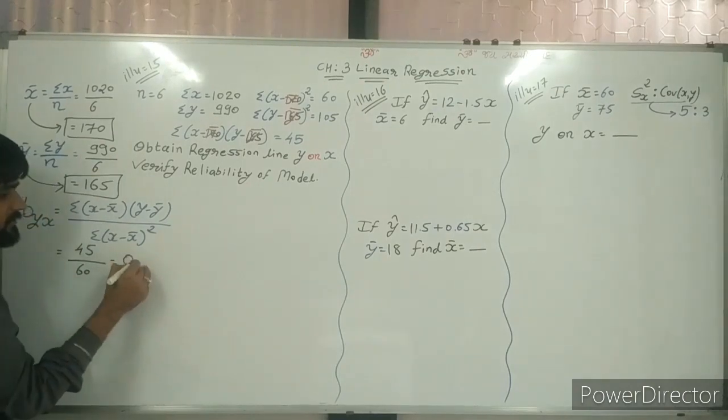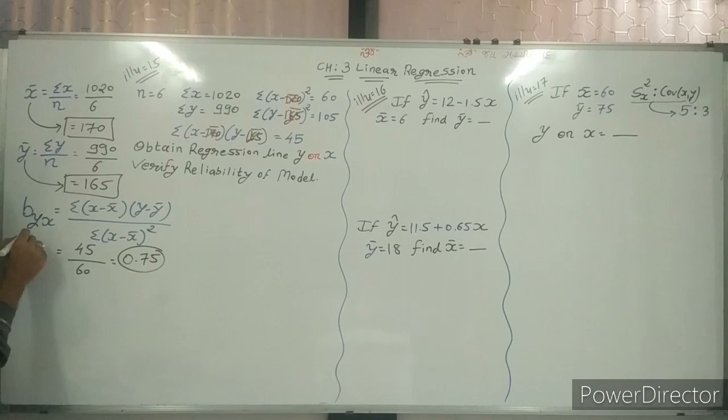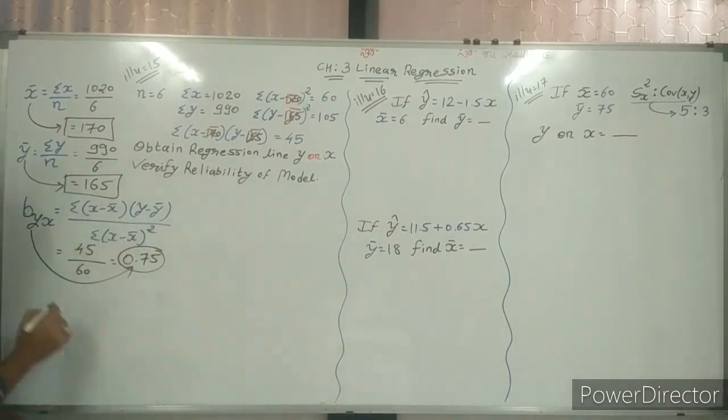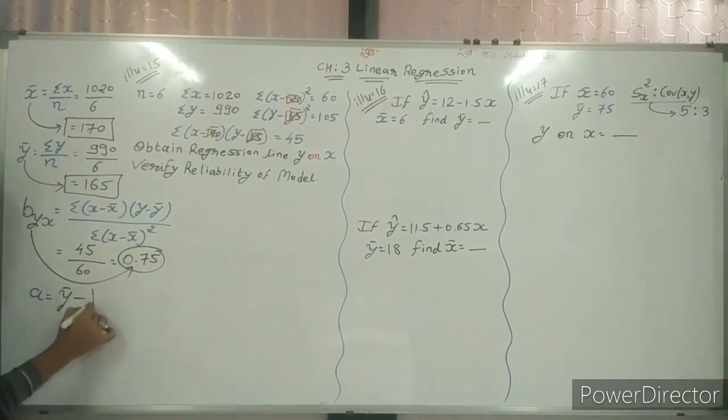Now this is the value of b. First we needed b, then we need a also. What is the value of a? How can we find it? So a is equal to y bar minus b x bar.